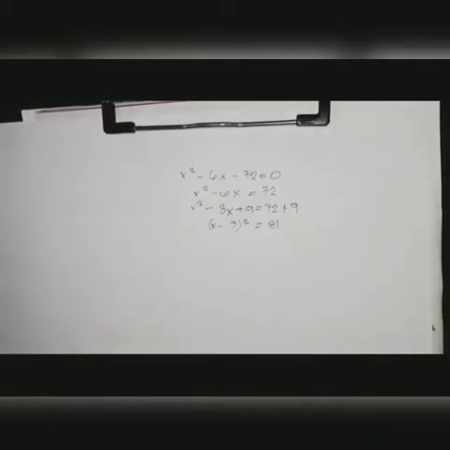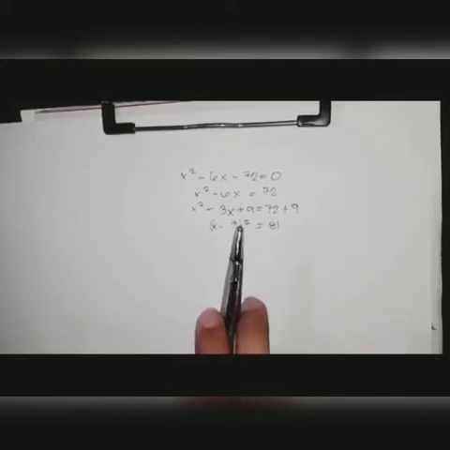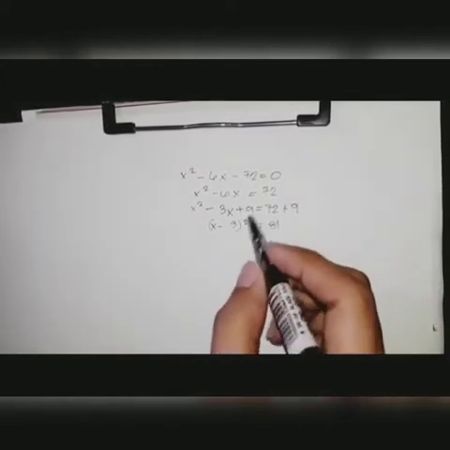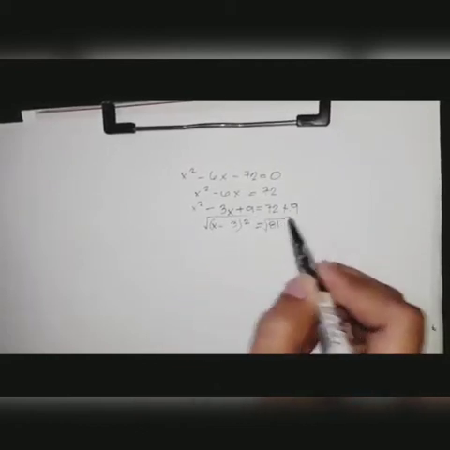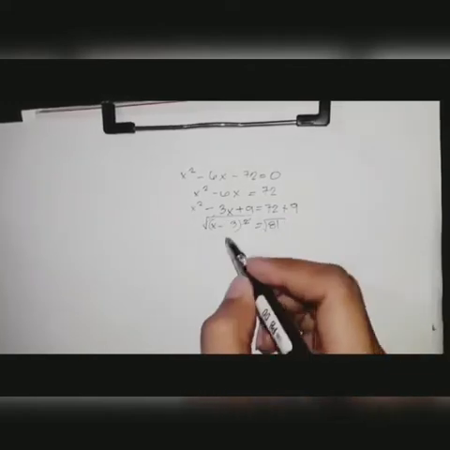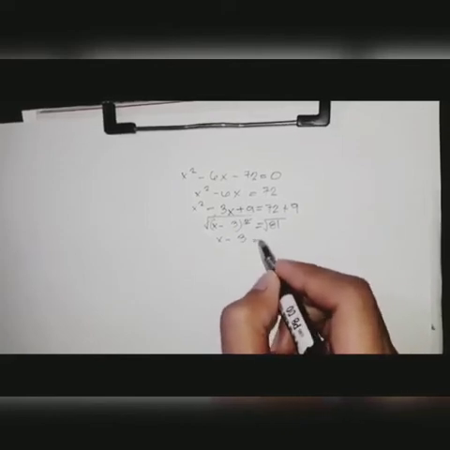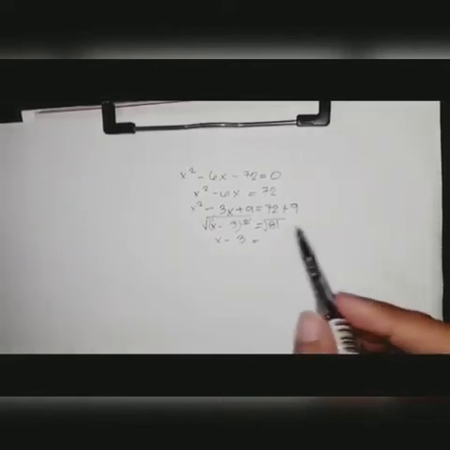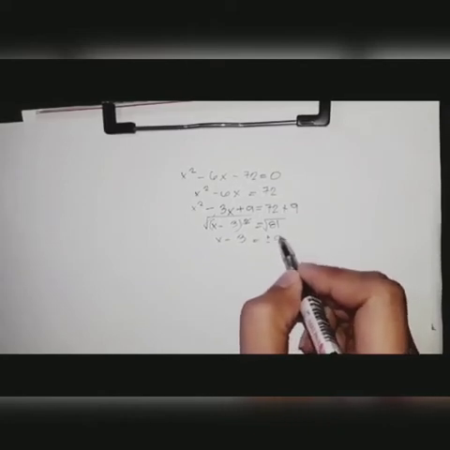So our next goal here is to eliminate the power. So in order for us to eliminate that, we should enclose this in the square root. This will be cancelled, this will be cancelled, and we are left with x minus 3 is equal to, if you have calculators, positive and negative 9.